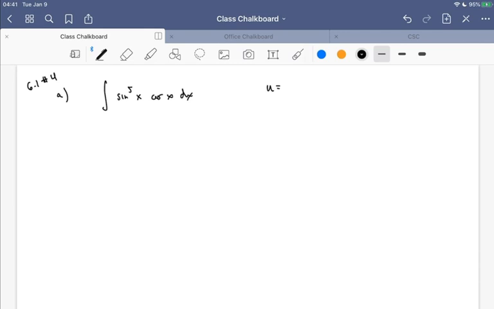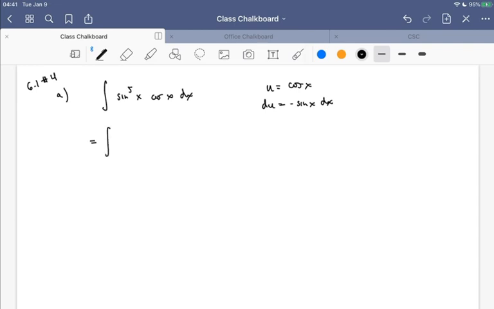Okay. So it is true that the derivative of sine is cosine. But what you want is part of the thing to be the derivative of the rest of the thing. And if we let u equal cosine, here's what would happen. Its derivative is negative sine, and then we would substitute.